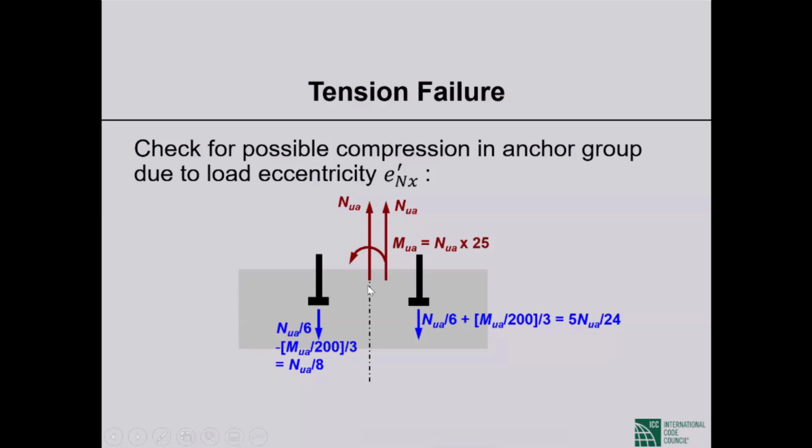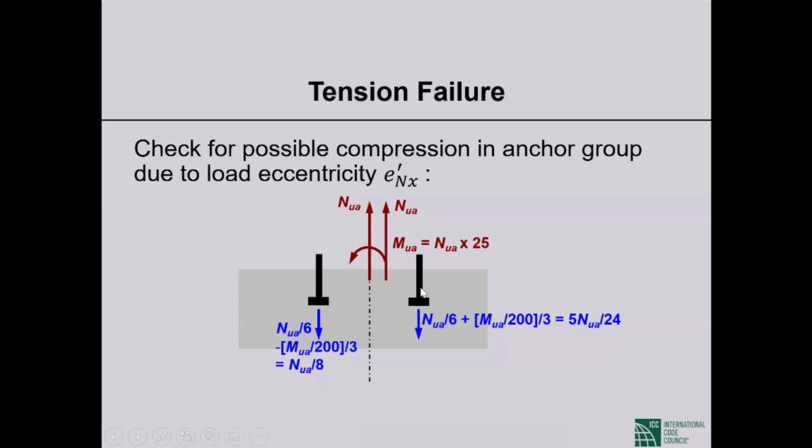So this is the direction of the moment. Those anchors will be in tension, those anchors will be in compression. The tension will be the moment divided by this distance of 200 millimeters, and there are 3 bolts in the group, so that divided by 3.